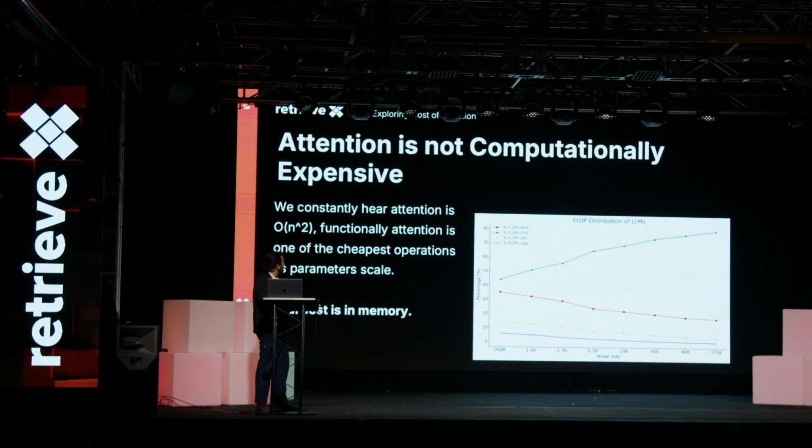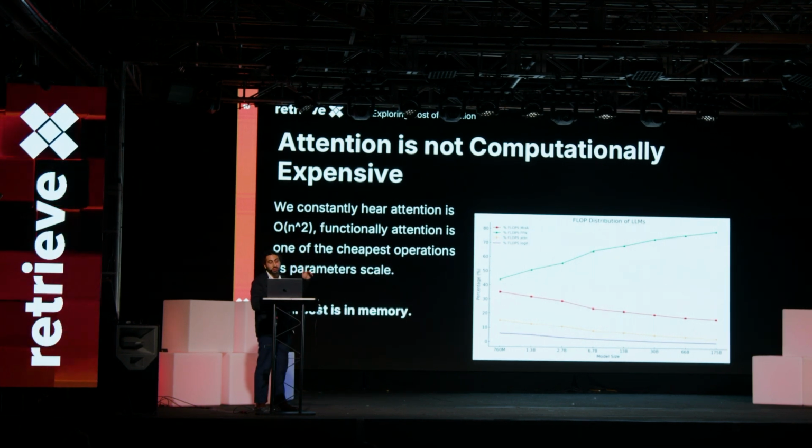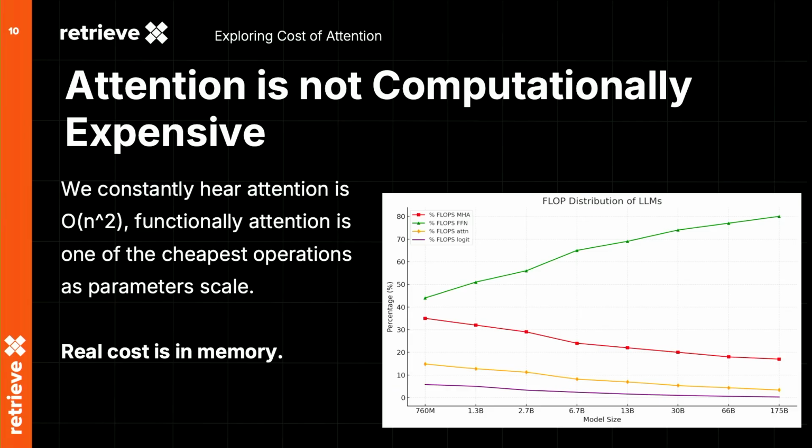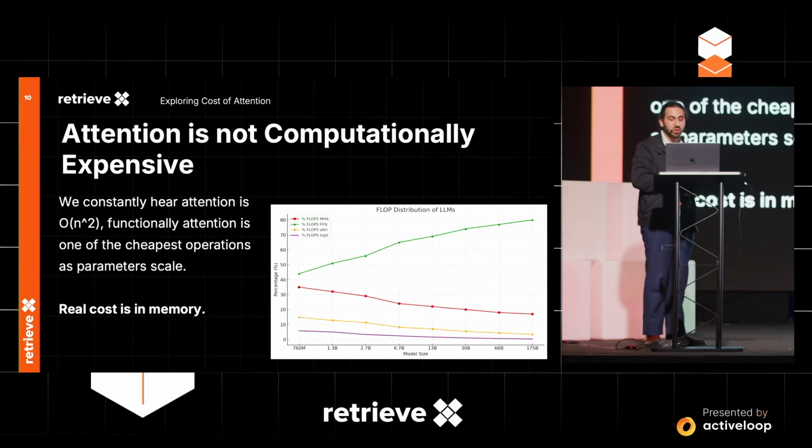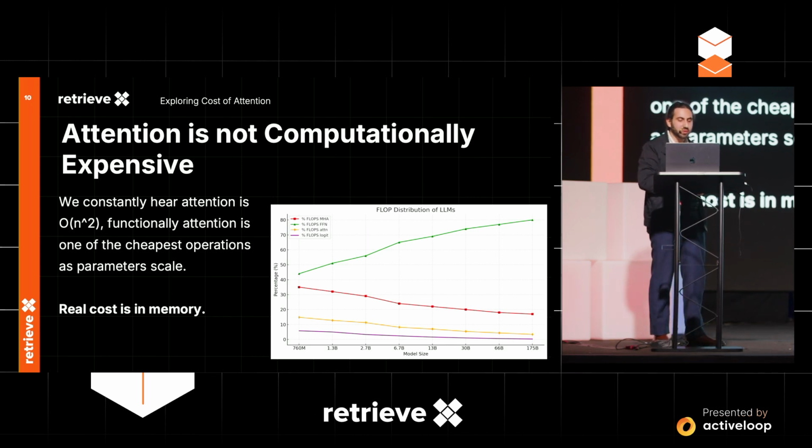And you can kind of see the green line is the cost of all your feed-forward operations, which is actually very great because these are matrix multiplications and GPUs are very, very good at doing this. And the red line is essentially the cost of your attention. And so you see, as we scale up the size of the model, we're looking at like sub 20% cost being in the attention. So attention as an operator is actually kind of fundamentally quite cheap.